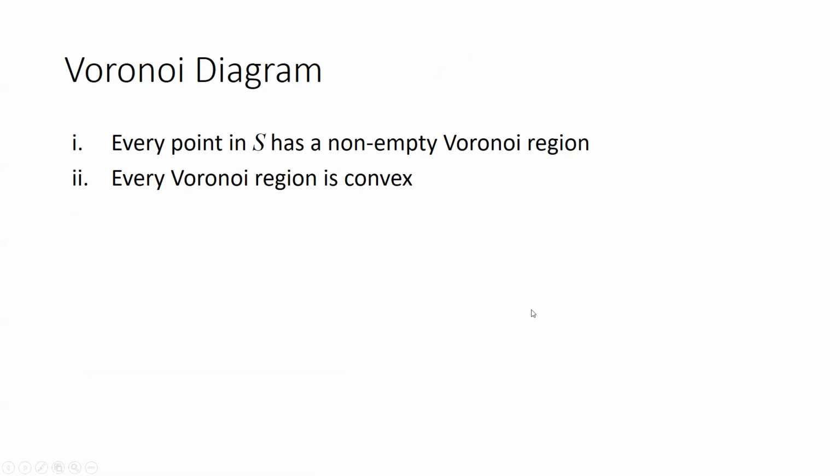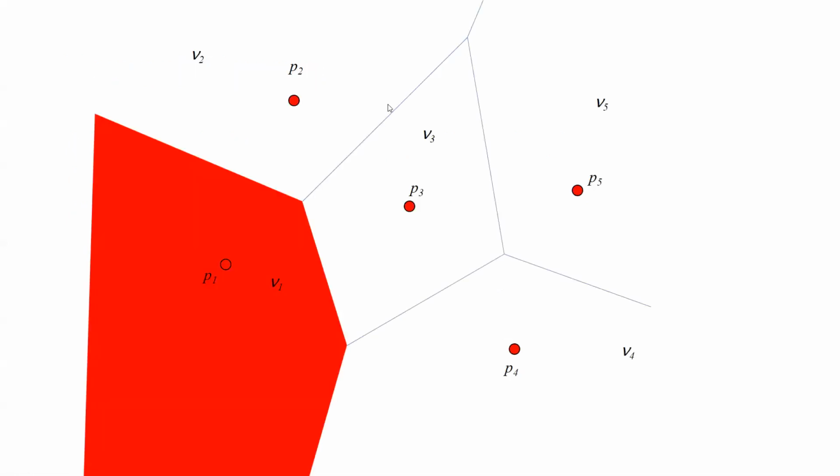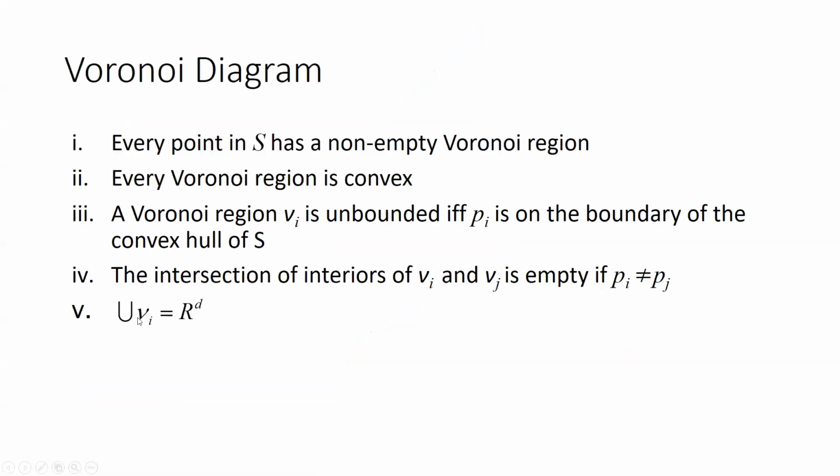Interior means I only intersect on the exterior edge, which is this one. For example, these two are intersecting here. There's no interior intersection. And if you union all the Voronoi cells, it should be equal to the whole space. That makes sense, right? Because every point will be closest to one point.